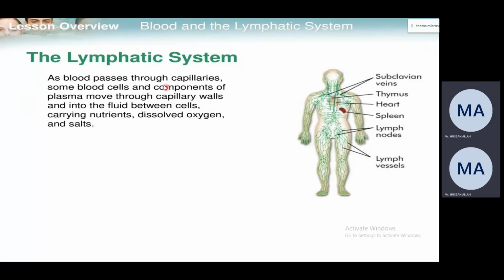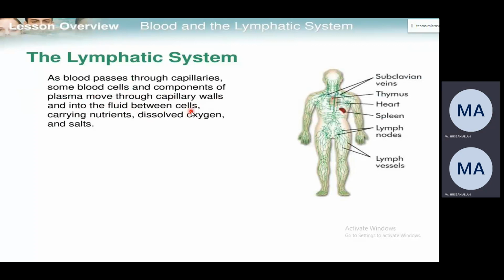As the blood passes through the capillary, some blood cells and components of the plasma move through the capillary walls and into the fluid between the cells, carrying nutrients, dissolved oxygen, and salts. As I told you, when the blood is moving in the blood vessels throughout the body, some blood seeps out of the vessels into the fluid between cells.